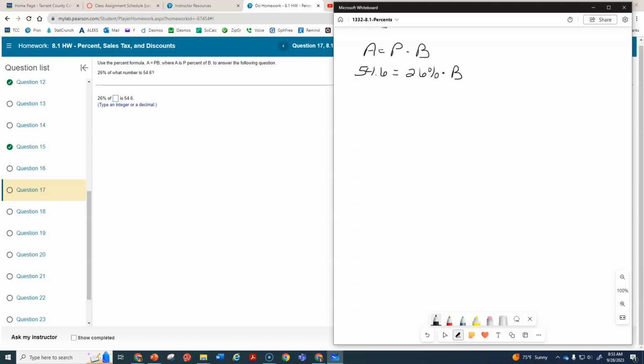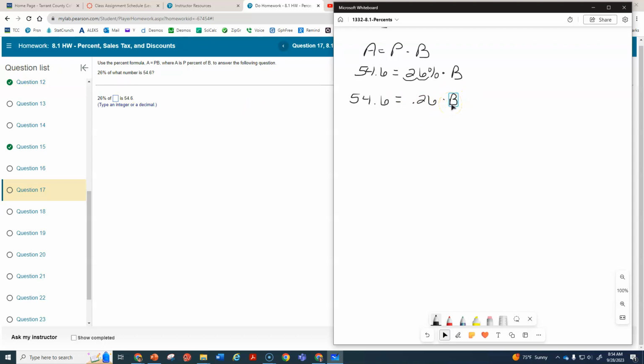Okay, first thing we need to do is change that percent to a decimal. So 54.6 equals 0.26. Here's the decimal right here. Move it 2 places to the right. Times B. This is an algebra problem. We have to solve for this unknown.